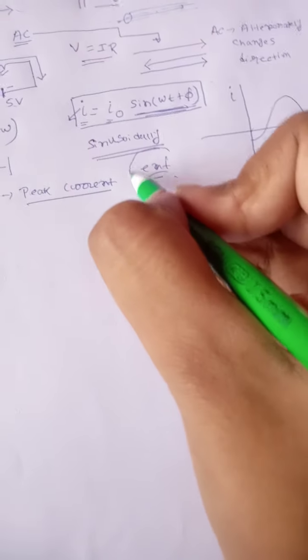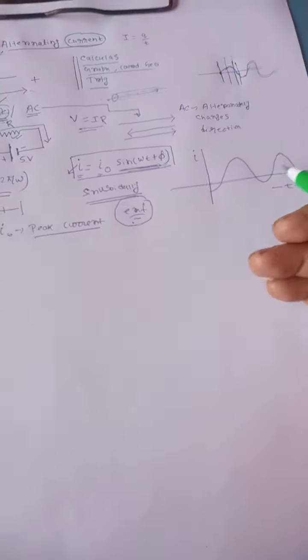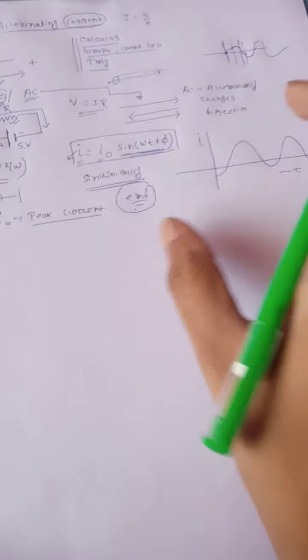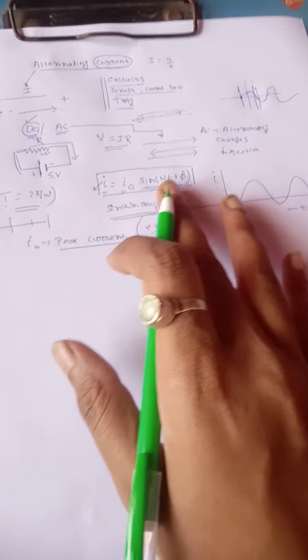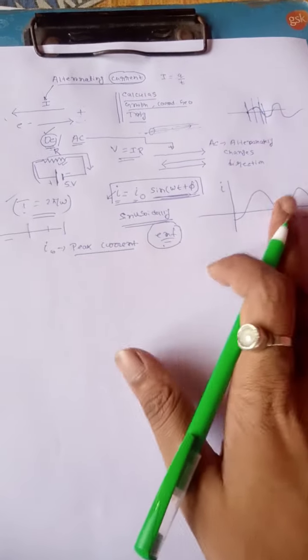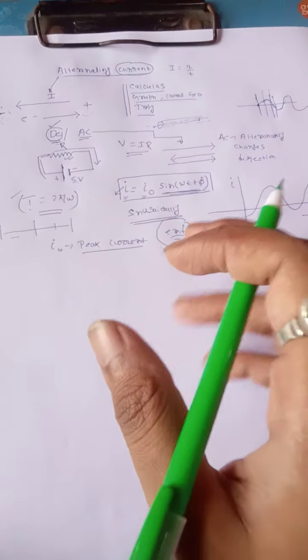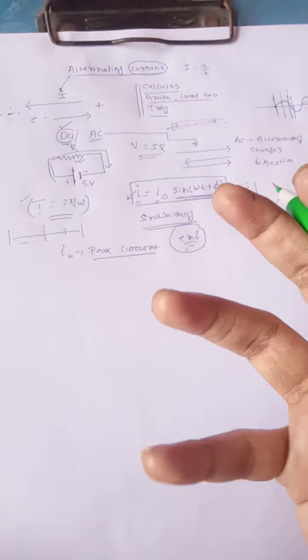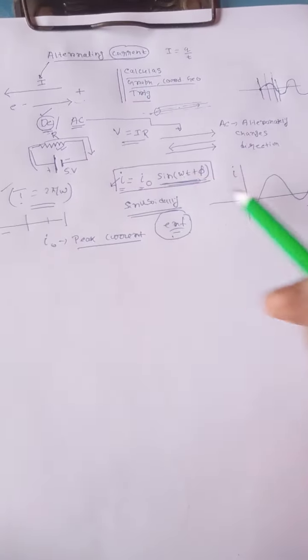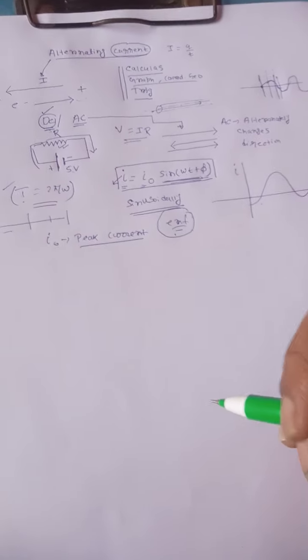Sinusoidal basically means a sine curve when you draw it on paper. I know physically, when you're doing it practically, it's kind of hard to grasp how I can produce it sinusoidally, but so far theoretically just think of this.